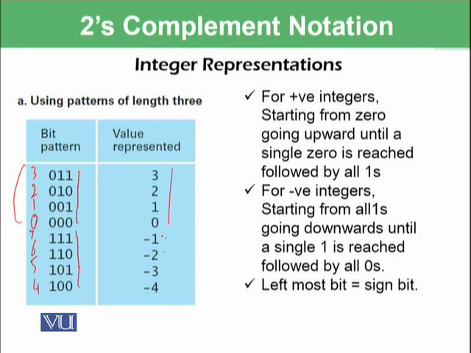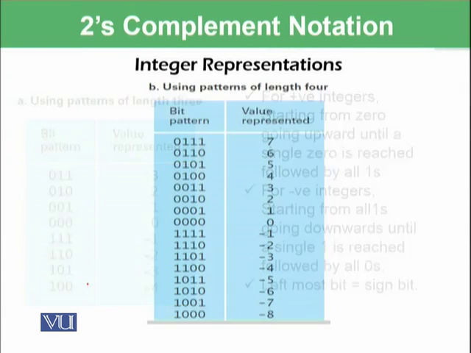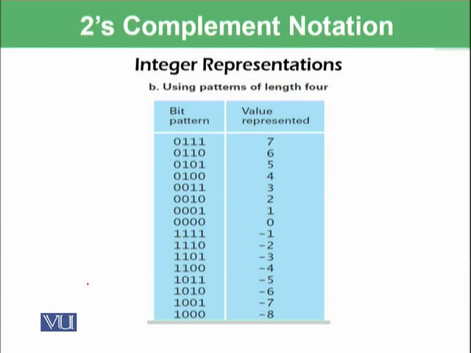The rule is that positive integers start from 0, going upward until a single 0 followed by all ones is reached. For negative numbers, we start from -1, going downward until we have only a single 1 followed by all zeros. If we see it in the 4-bit pattern, we have something like this.